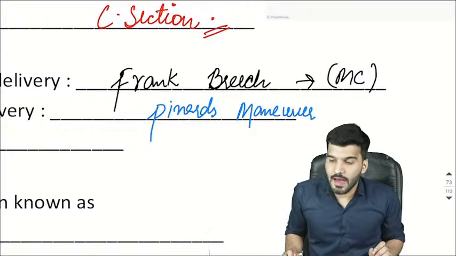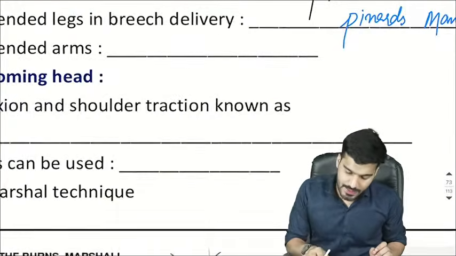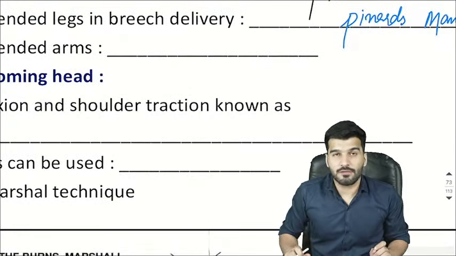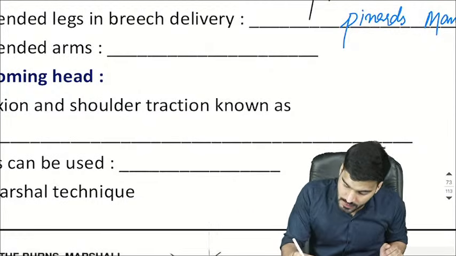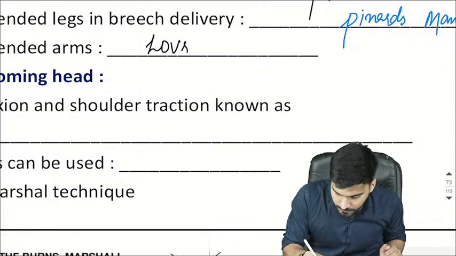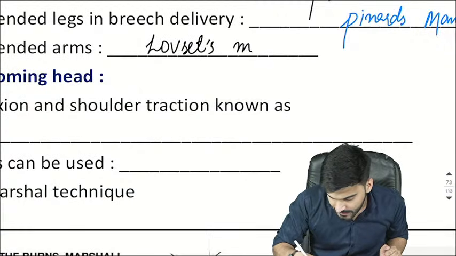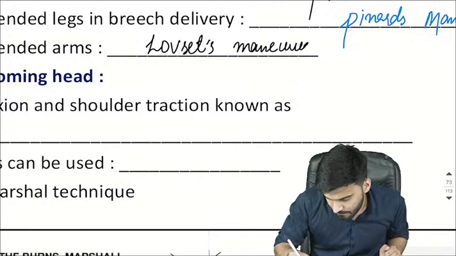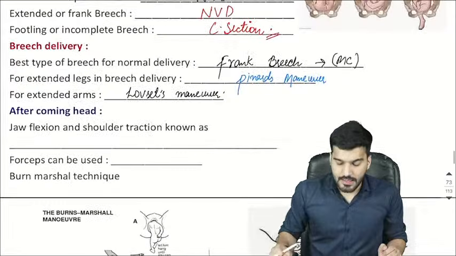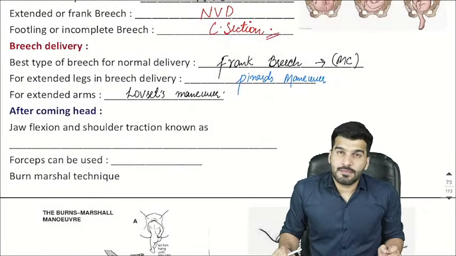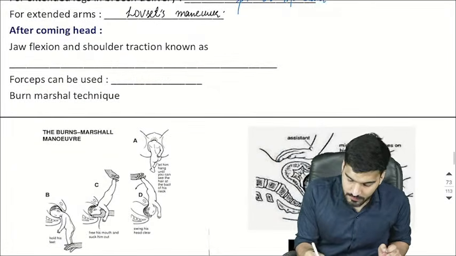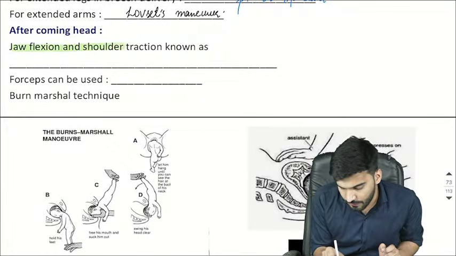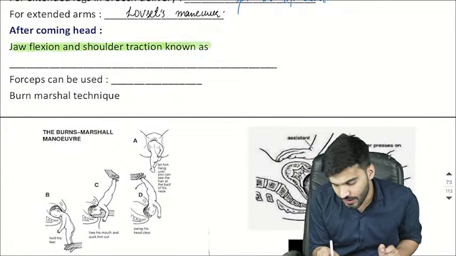For extended arms, we have a maneuver. Remember that when you love someone, you hug them with your arms. So it's Løvset's maneuver for the arms. What is the maneuver for extended arms? It's Løvset's maneuver. Now after the head is coming, we have a maneuver called jaw flexion and shoulder traction.